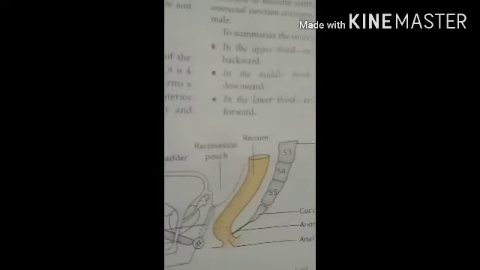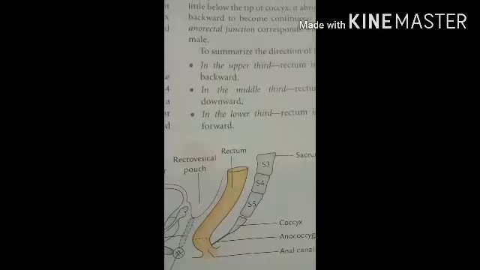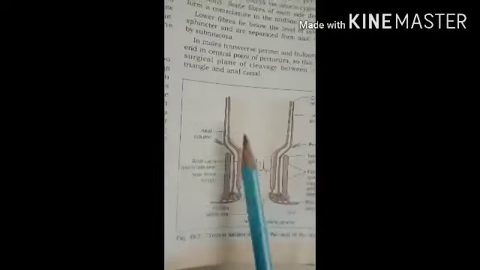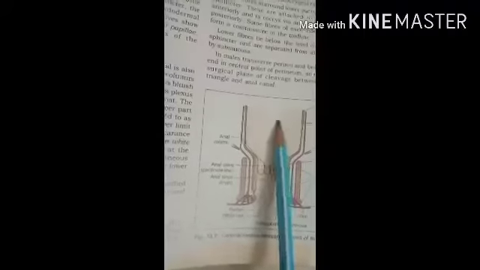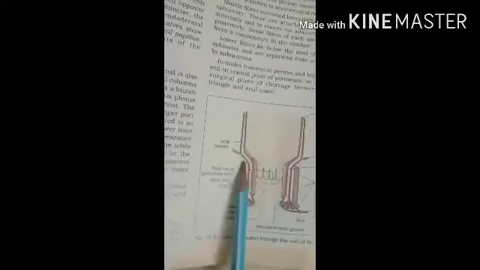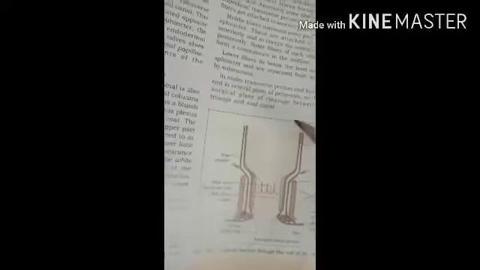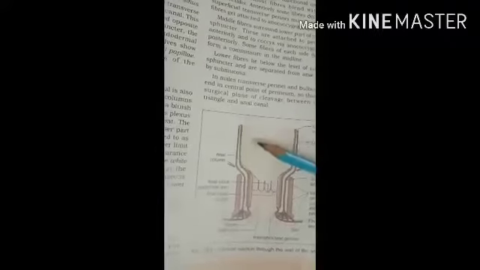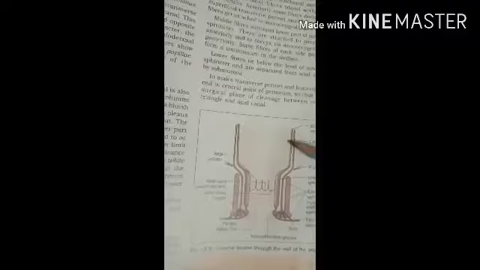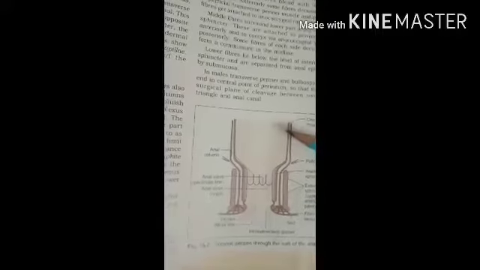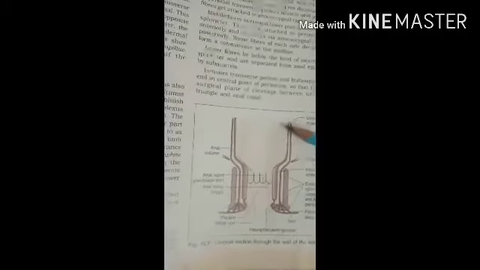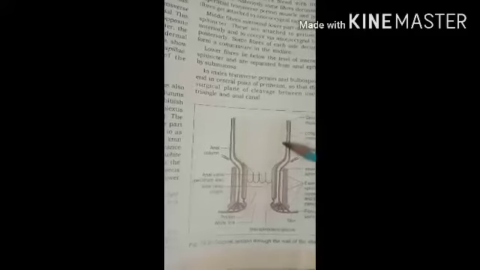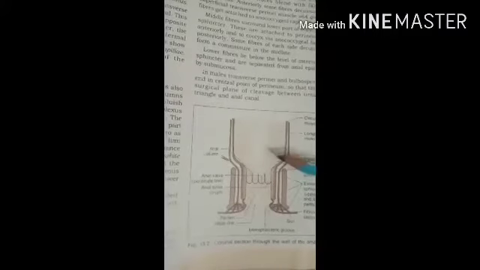Okay. So, complete prolapse. In this diagram you can see the internal structure of the rectum, which is covered by the mucosal membrane. This mucosal membrane is connected to the muscular wall by the submucous membrane, which consists of loose connective tissue.